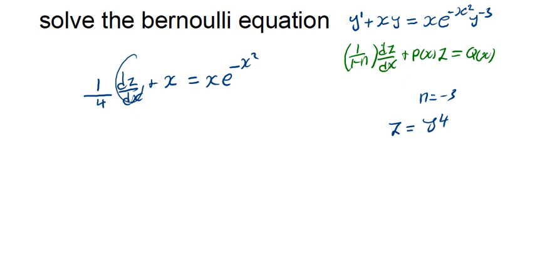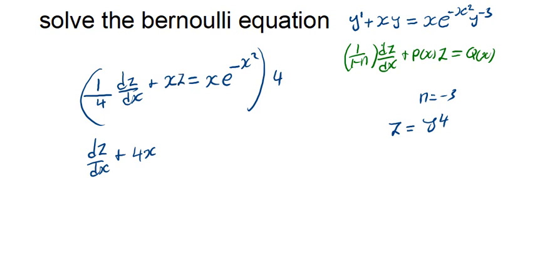Okay, for you to use the integrating factor method, you're supposed to leave dz dx on its own. So what you do is multiply both sides by 4. So this is going to be dz dx plus 4x, by the way, you're going to have a z here, so it'll be z there, like that, and this will be equal to 4x e to the minus x squared, like that.